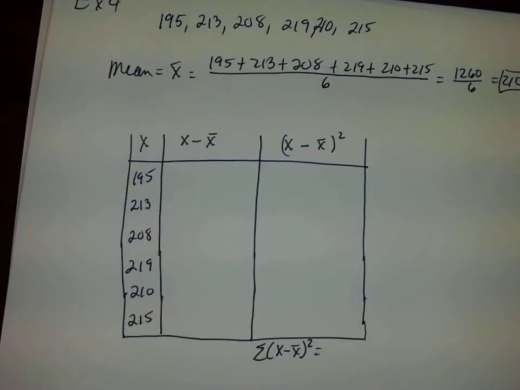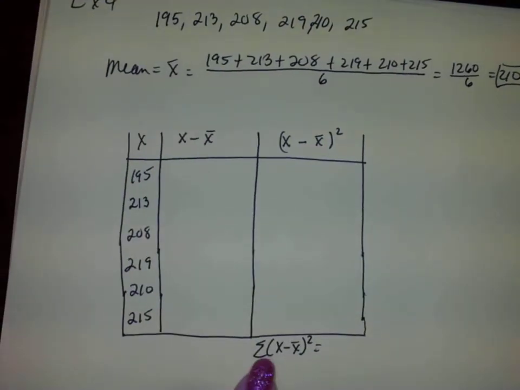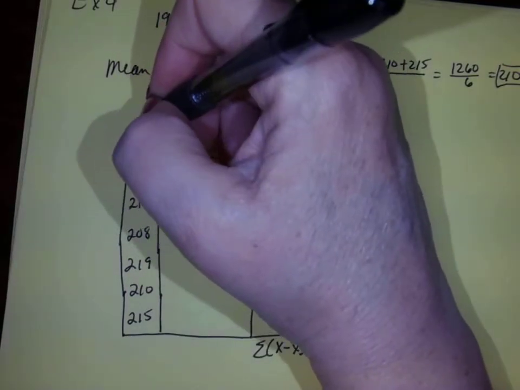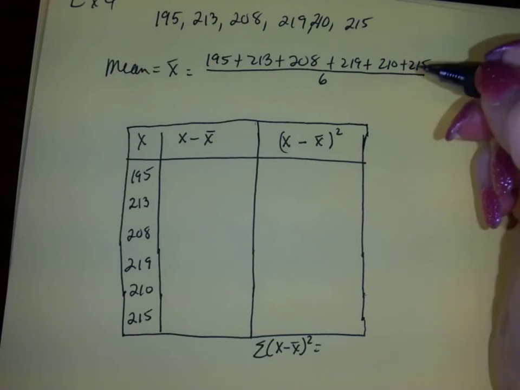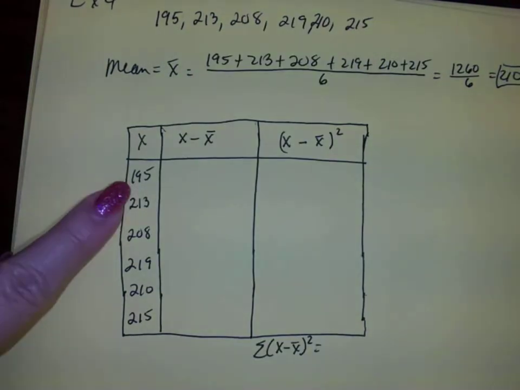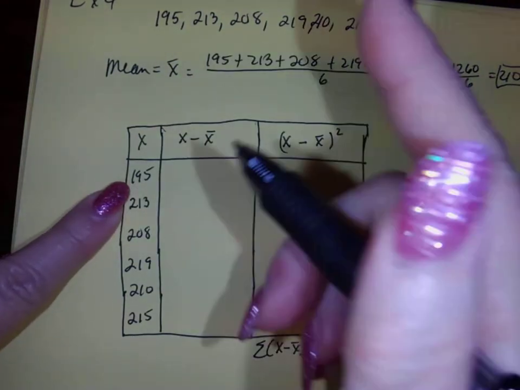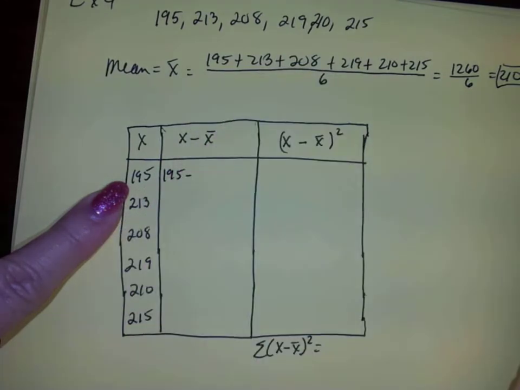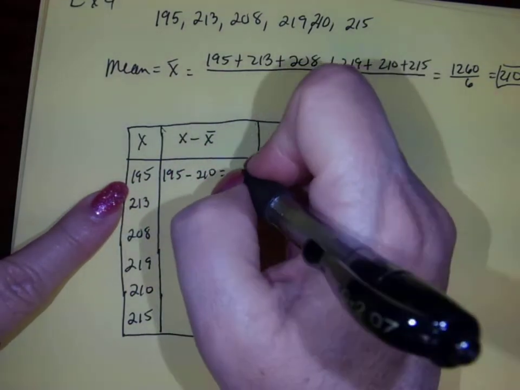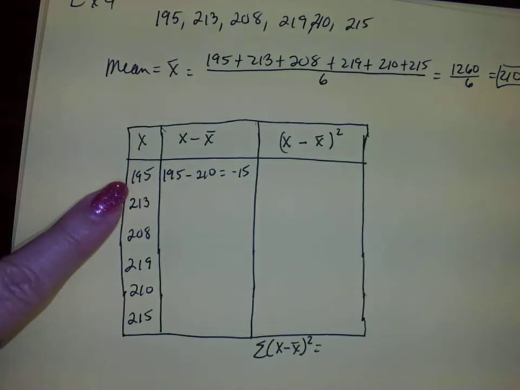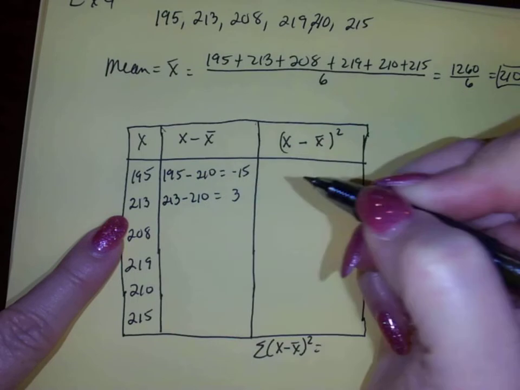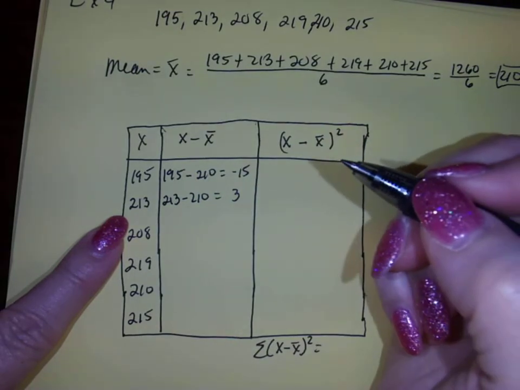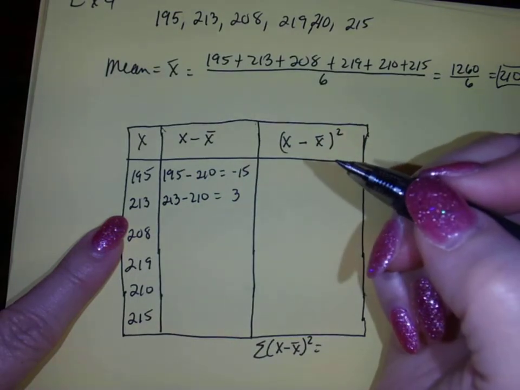So I'm going to have a bit of a total here, down here. All right. Let me bring this up so it looks kind of like a box. So here's our data point. Here's our mean. So 195 minus 210 will get us negative 15. 213 minus 210 will get us 3. Right? Yes.